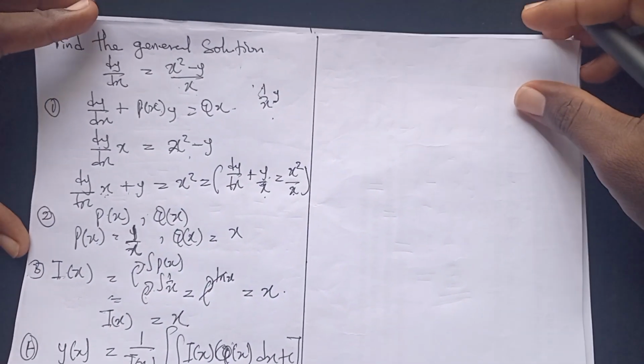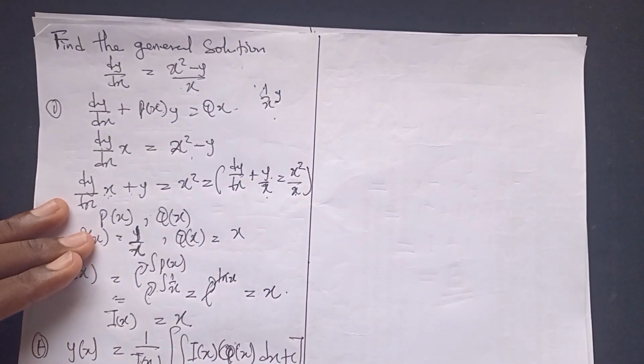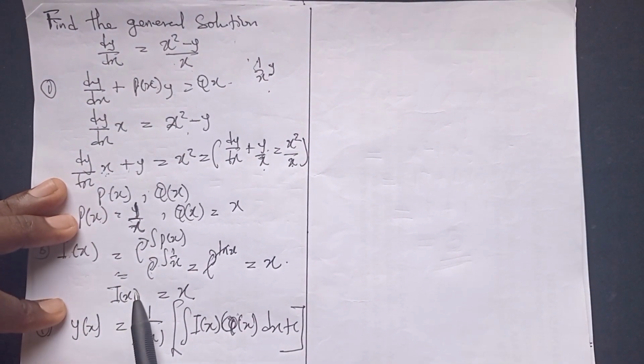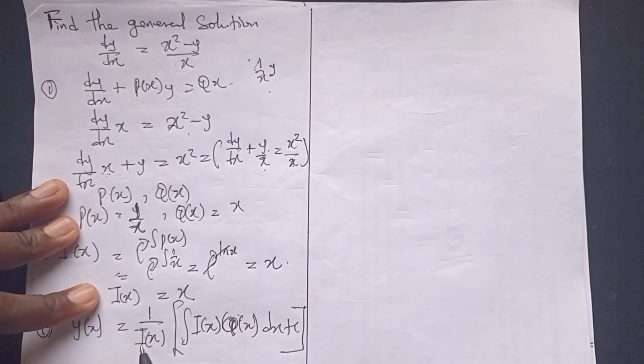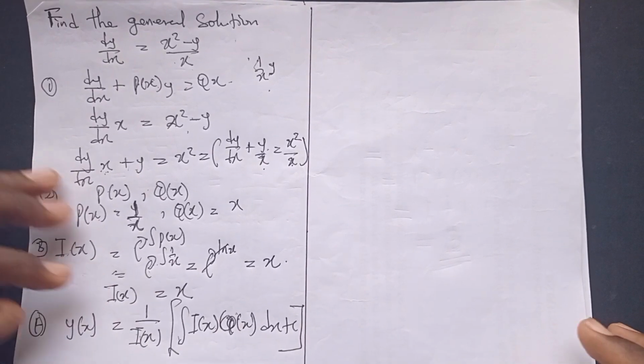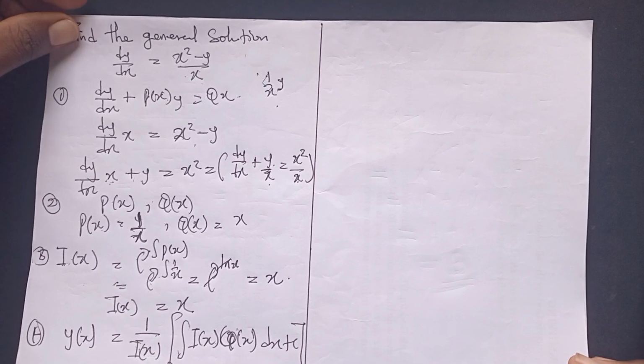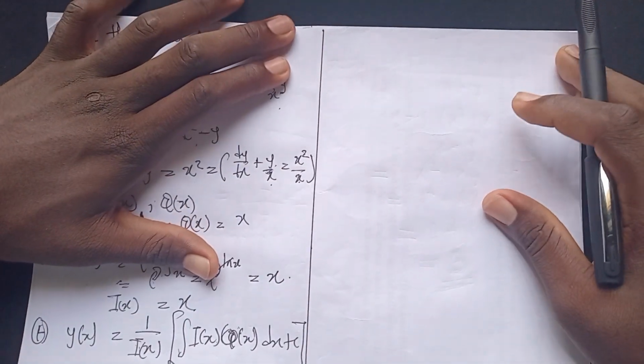So now all we need to do is substitute the value of I of x, which is x, into this equation, then substitute the value of q of x, then integrate it to get your general answer.